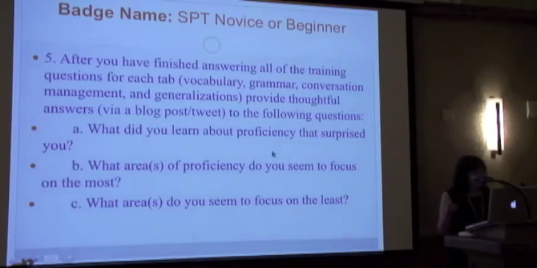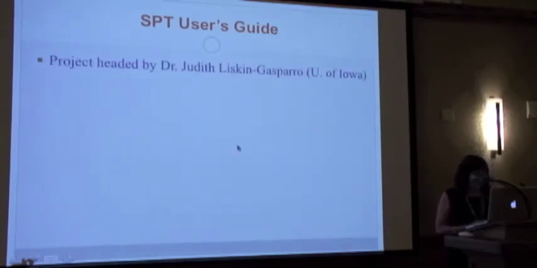You're supposed to then post this and get feedback from the teacher who reads those, or the leader. Again, this is only for the beginner or the novice, and then there are other badges for other levels.